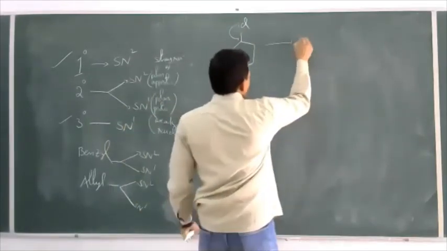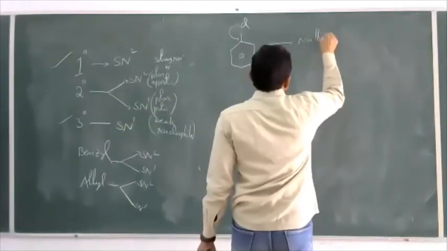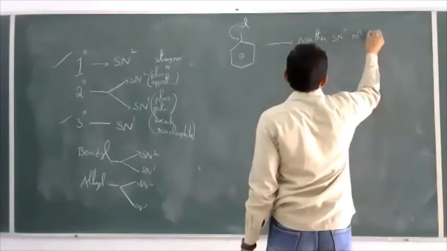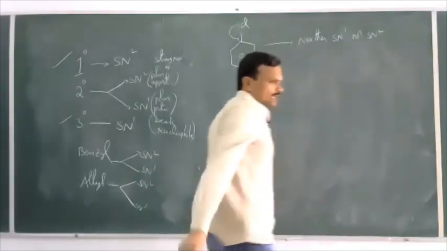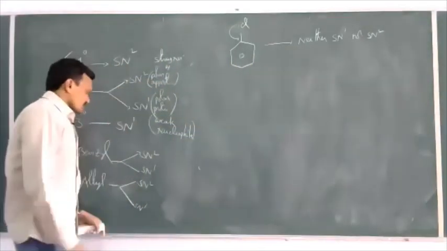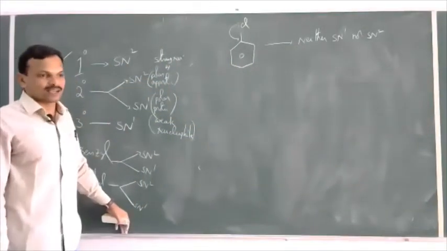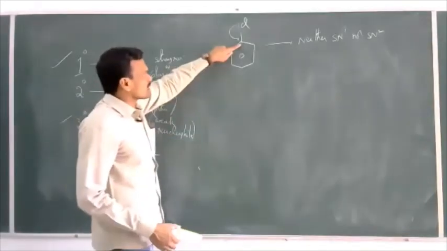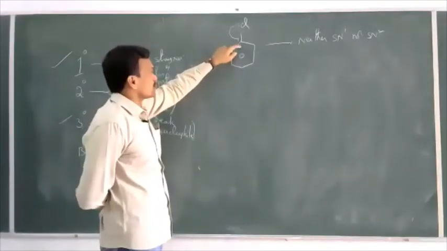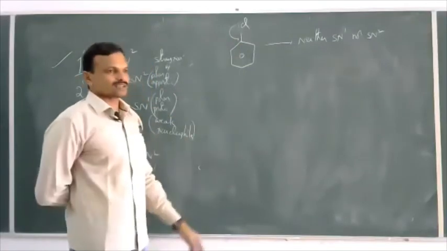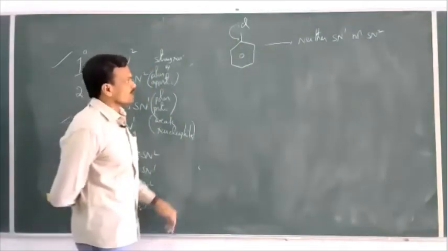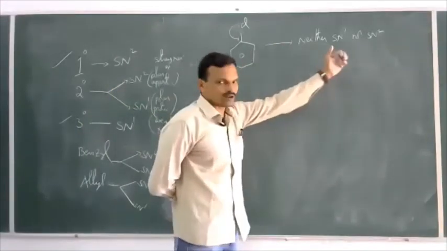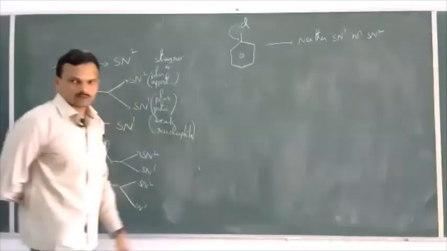So these undergo neither SN1 nor SN2. Haloarenes do not undergo SN1 or SN2 directly. We also discussed the mechanism: haloarenes undergo nucleophilic substitution by the formation of benzyne as the intermediate. Reaction takes place by the benzyne mechanism, not directly.